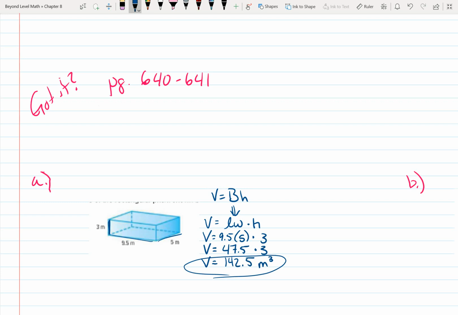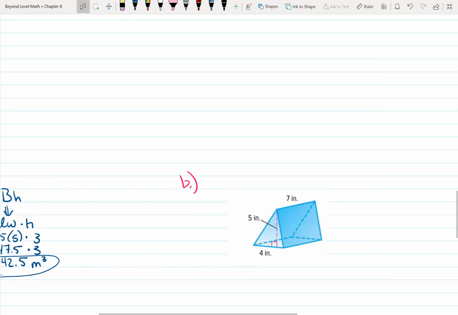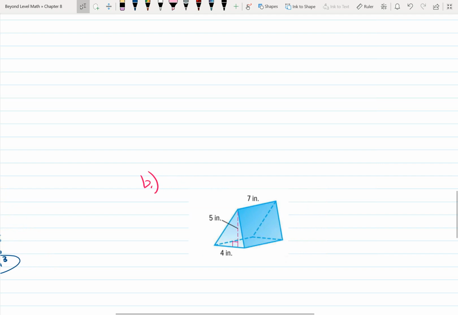Alrighty, let's do got it B. So it says find the volume of the triangular prism. So I start with my original formula, V equals capital B times H. Capital B means area of the base. Since this is a triangular prism, the base is a triangle, so area of a triangle is 1/2 times base times height of the triangle times height of the prism.